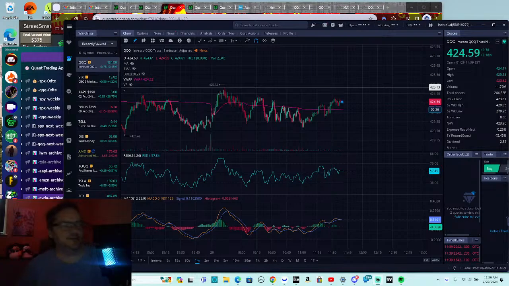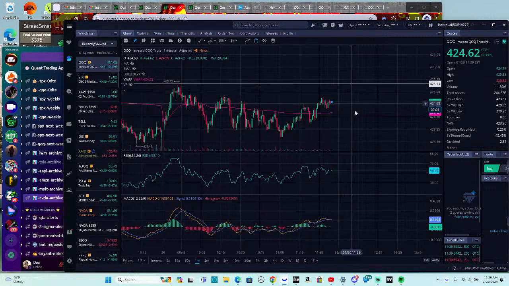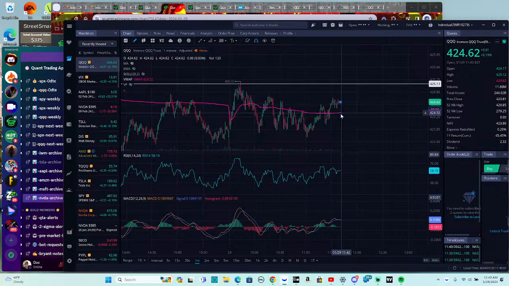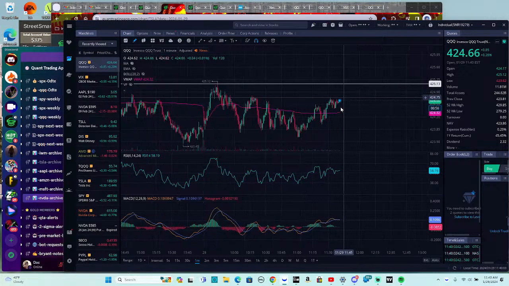Rejection, so we have a play back down. Now, if we do this play back down, the first thing we're going to run into is the VWAP right here. So this is a perfect scaling in opportunity. I wouldn't suggest getting in a trade for anything lower because this VWAP is right here.